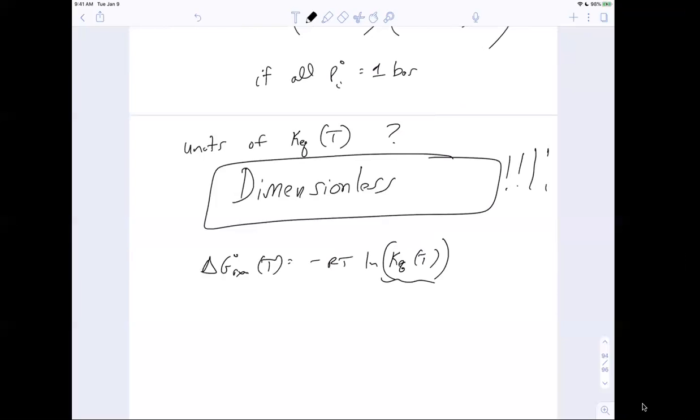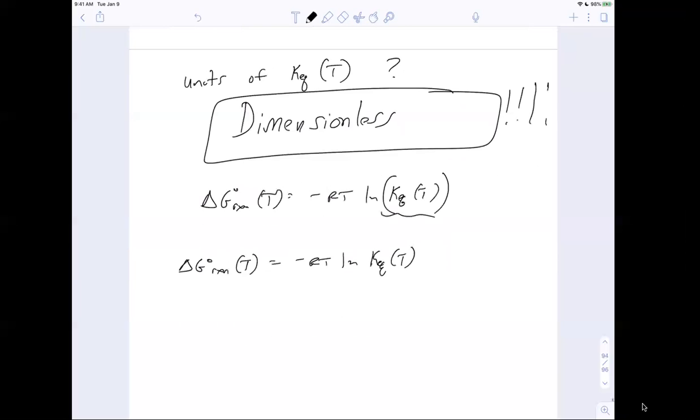And so from our expression, delta G reaction at T is equal to minus RT natural log K equilibrium of T. What are the units of delta G, or what are the units of G? What nature are those units? Are they speed? Are they velocity? What units are they?